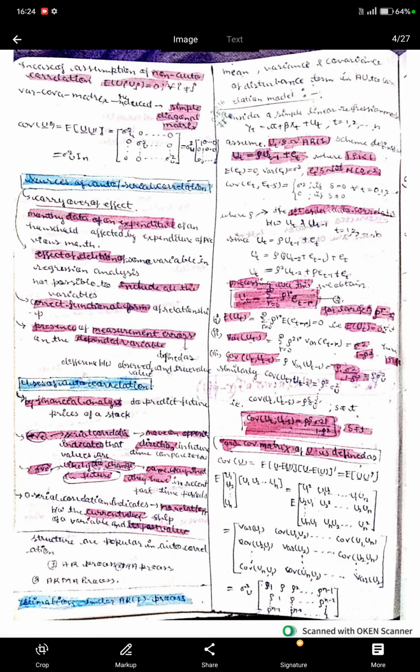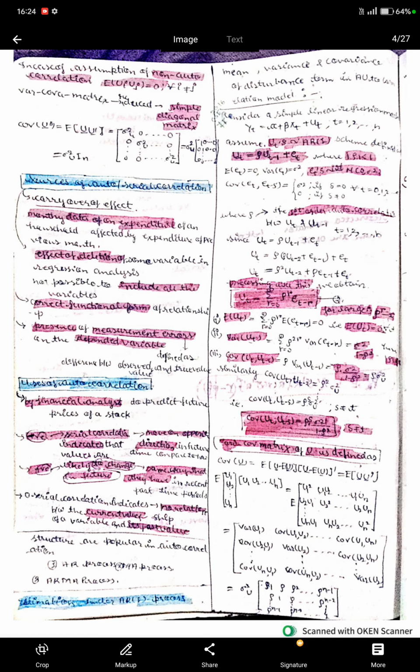So the expectation of u u transpose is the matrix with first row u1 squared, u1u2 and so on up to u1un, second row u2u1, u2 squared and so on up to u2un, and the nth row unu1, unu2 and so on up to un squared.